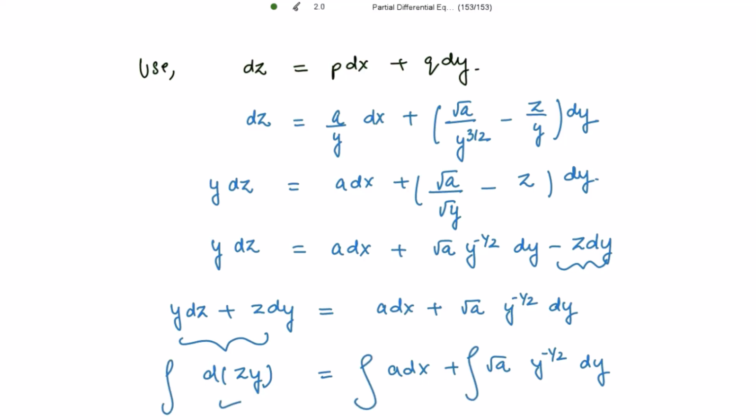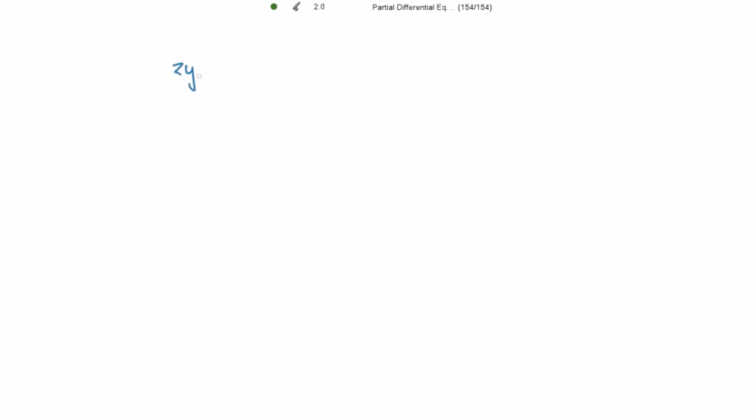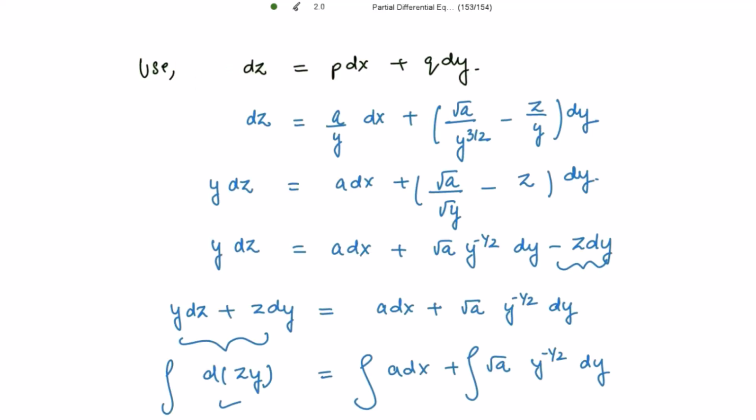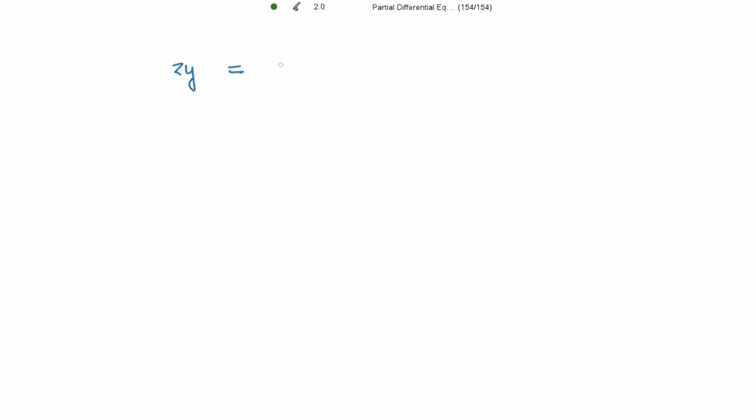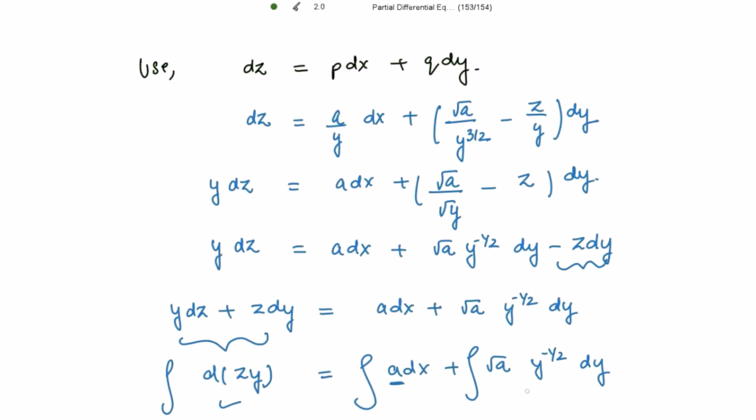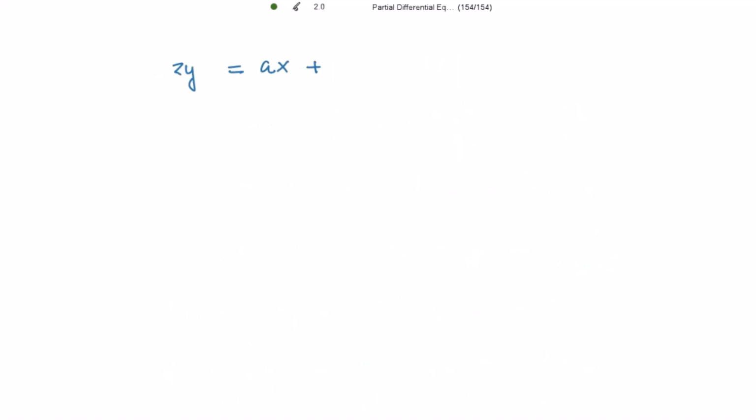From here we get zy equals integration: this a is constant, so integrating 1 with respect to x we get a x, plus integrating y to the power minus 1 by 2, that is y to the power minus 1 by 2 plus 1 divided by minus 1 by 2 plus 1, into the square root of a, plus the constant b.